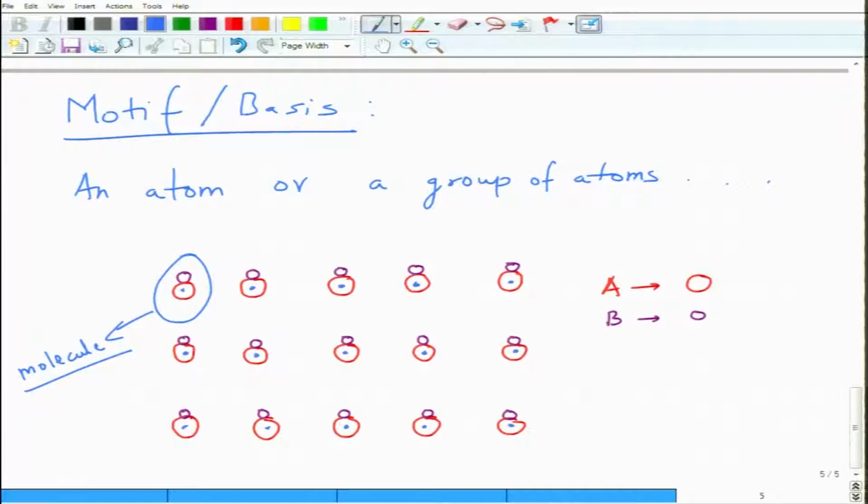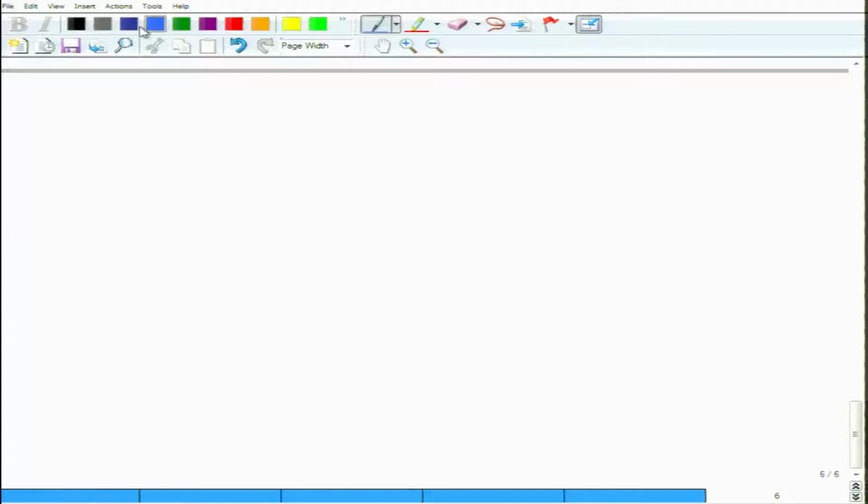Now this is put on the same point, or you can make it in a different manner. Let me draw the point lattice again. Now what I do here is I put one atom here, another atom here, another atom here and another atom here.